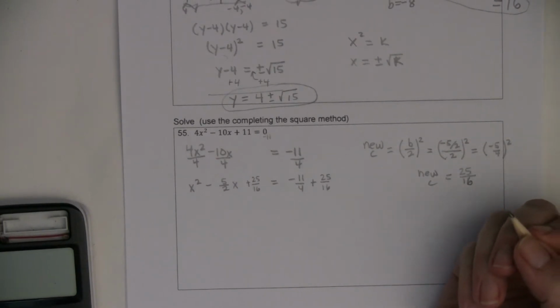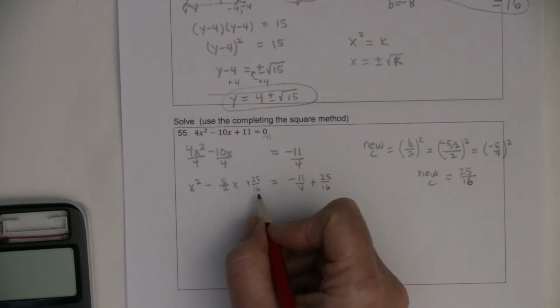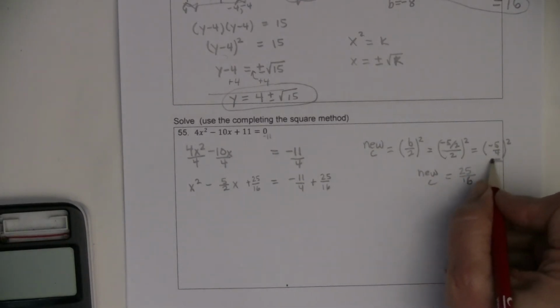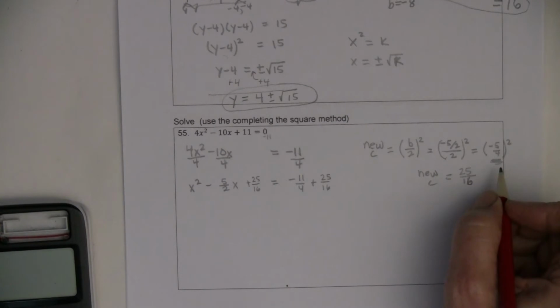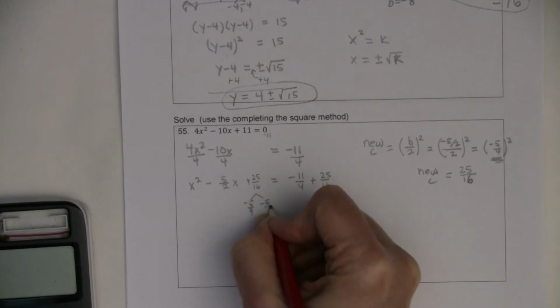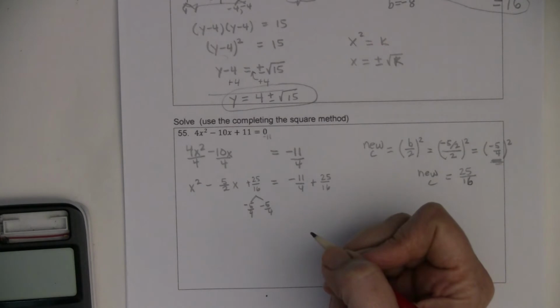Now the new c should make this factor. And if you're thinking, well, how does that factor? Well, good news is it tells you right there. It's negative 5 over 4 times negative 5 over 4. So you can verify that when you do negative 5 over 4 times negative 5 over 4, you get positive 25 over 16.